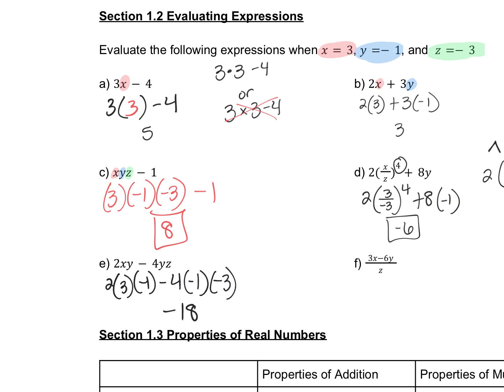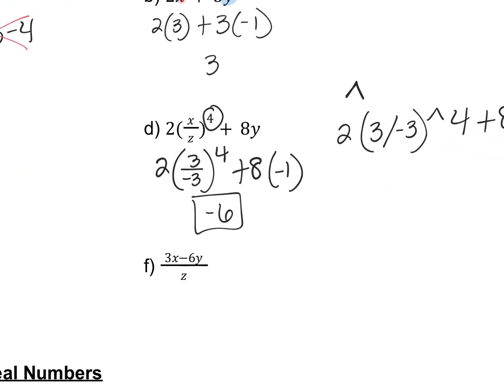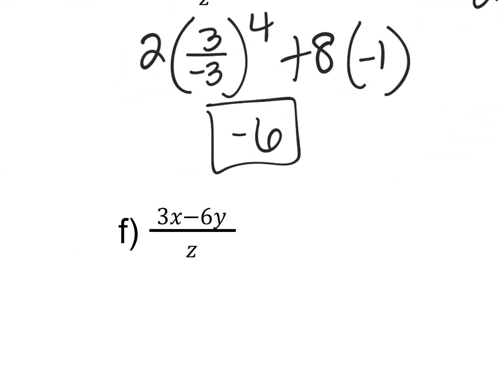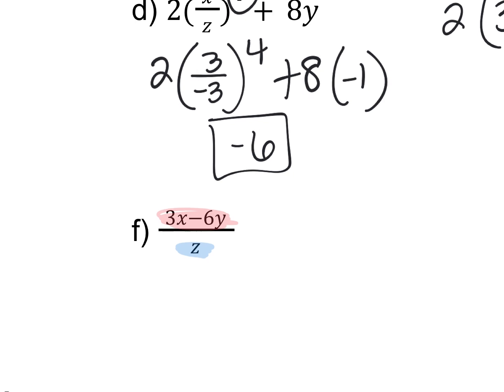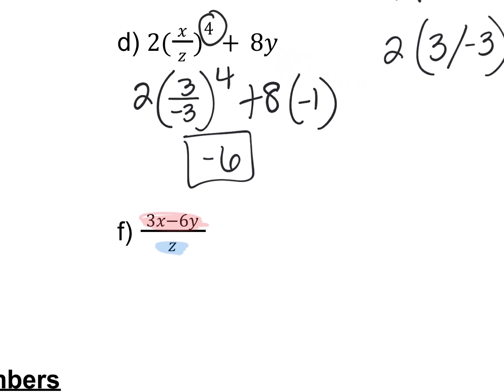Okay, last one. Like we did on the last section, since it's a big fraction, I'm going to break it up into pieces. I'm going to do the top piece and then the bottom piece, which there's only one thing, which is fine. And then I'm going to divide them.